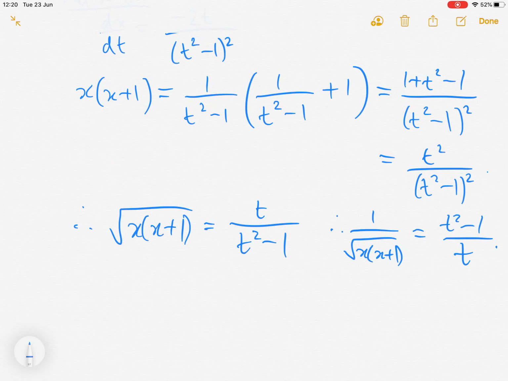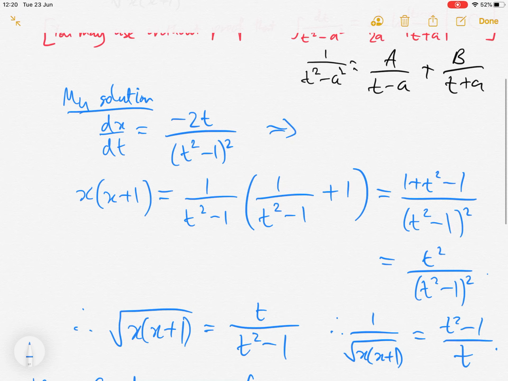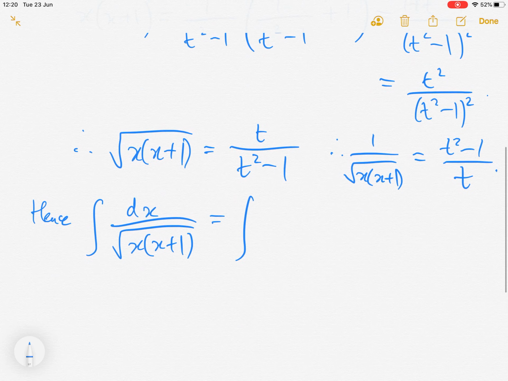So therefore, the integral of 1 over root x plus 1 is simply, well, dx, we know from this that dx is minus 2t over t squared minus 1 squared dt.